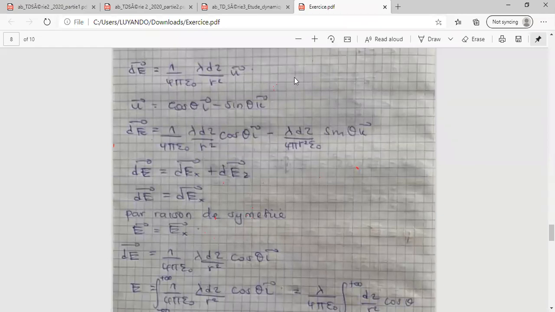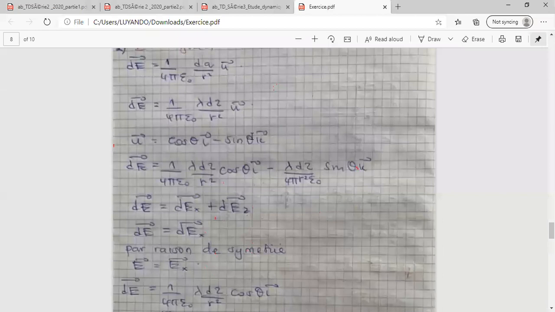Okay, so we continue. Sorry about that. So we have our expression for the field in the direction u. Then I'm going to draw something. So our u is equal to sine theta in the k direction.